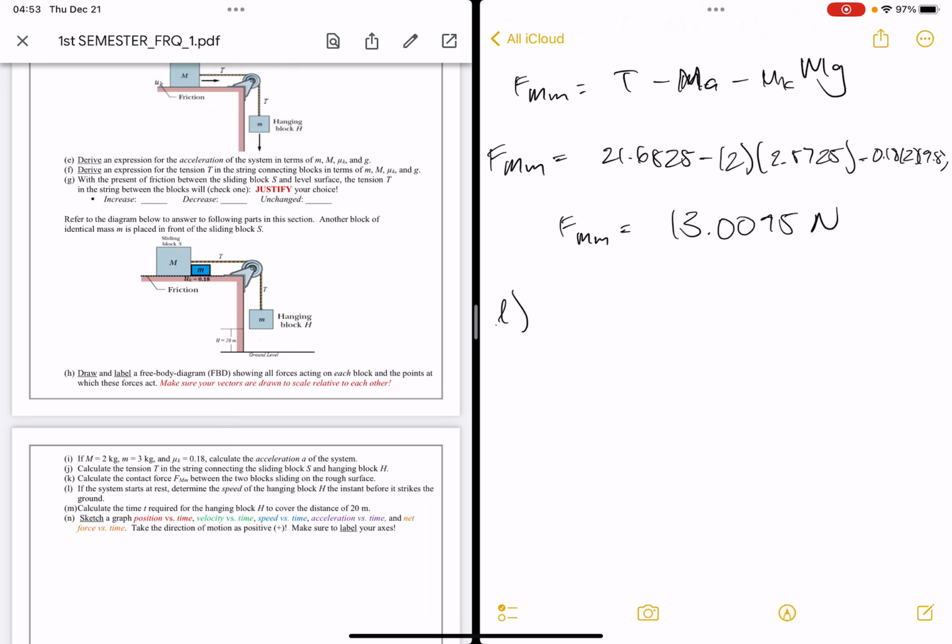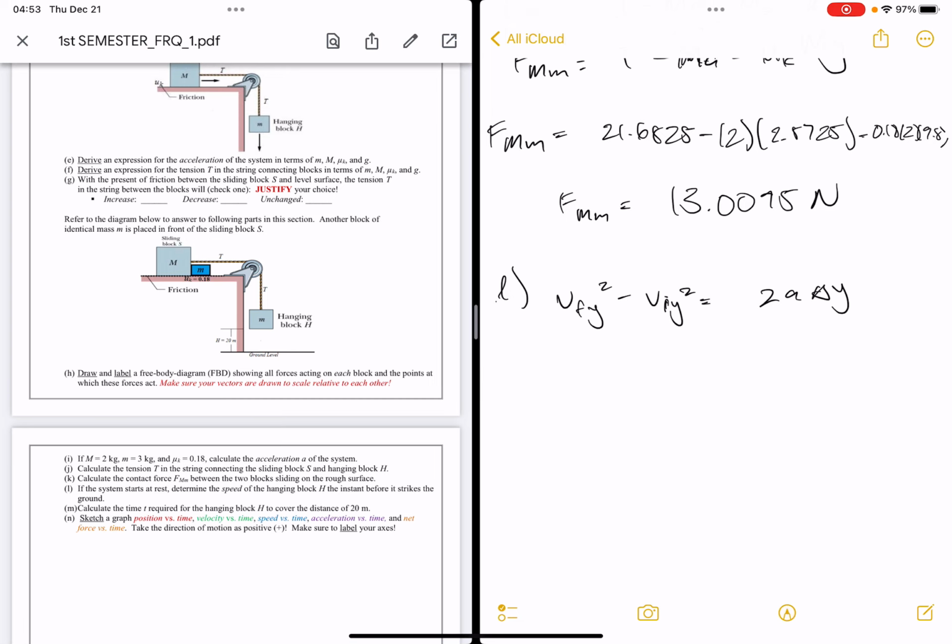Okay, L next. If the system starts at rest, find the speed. So you set up a physics function: Vfy squared minus Viy squared equals 2a delta y. So the system starts at rest, so we know that Vi squared is 0. We found acceleration to be 2.5725.